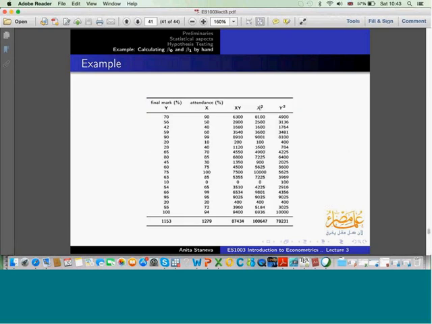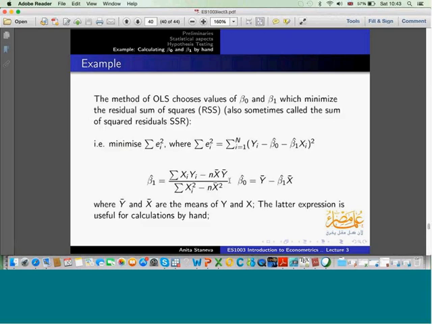So having this, we can easily calculate the terms that we need and define them in these tables. So we take x times y and calculate the x squared term and y squared term because we're going to need them for our formulas.